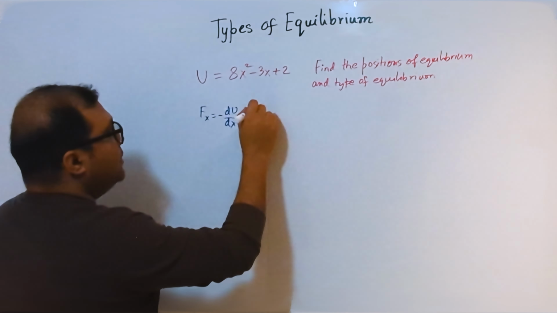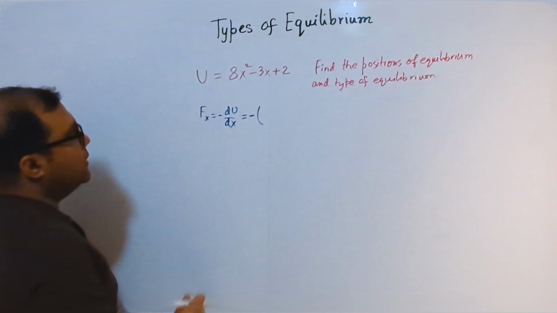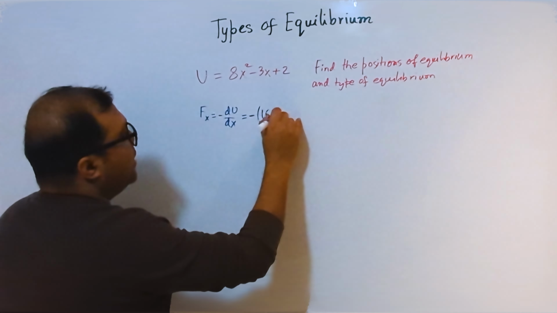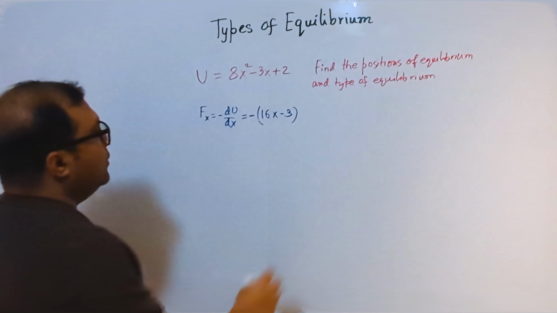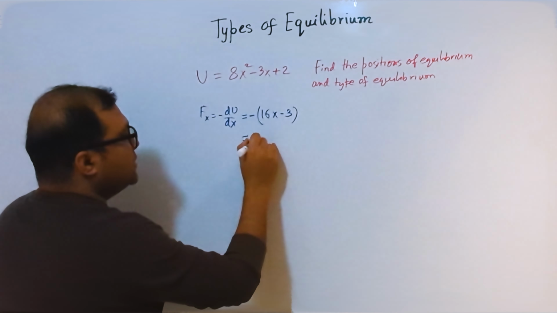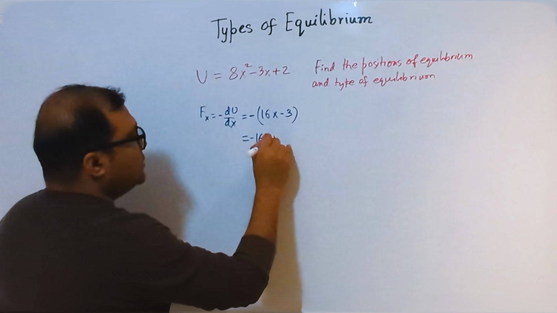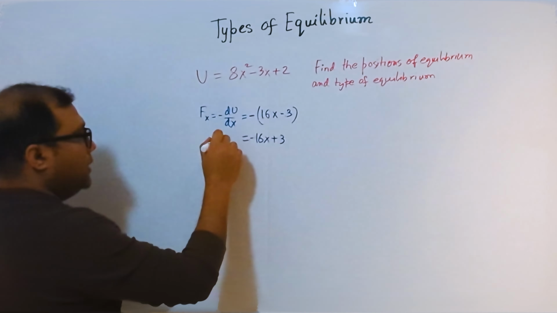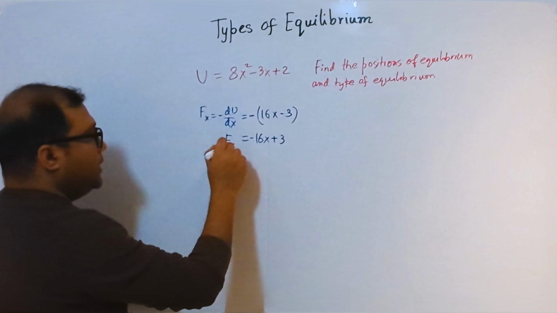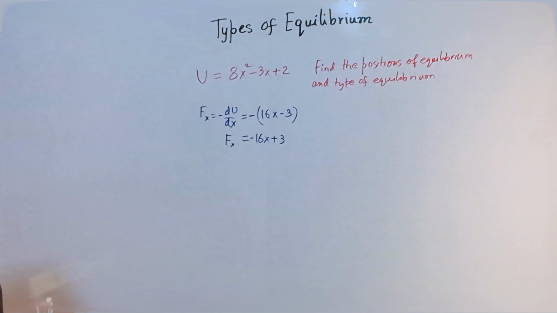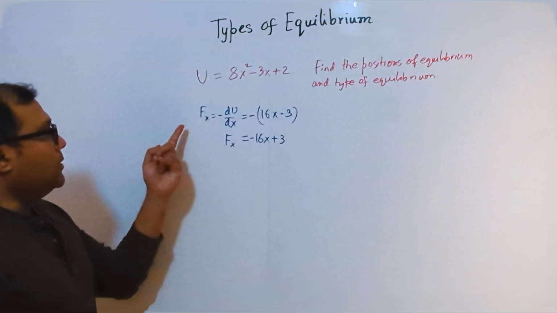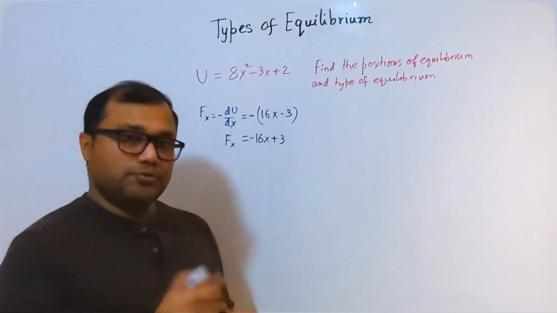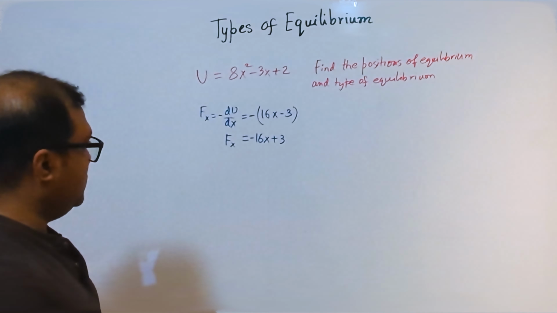So this will be minus, if I differentiate this with respect to x, it's 16x minus 3, which is equal to minus 16x plus 3. Okay? First thing, before doing anything else, you must realize that this field is associated with a conservative force.